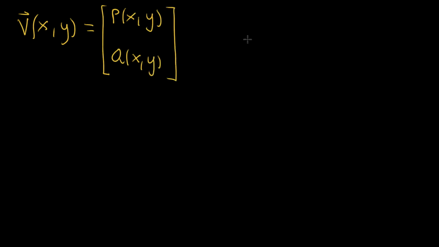And what I want to do here is talk about this idea of curl, and you might write it down as just curl of v, the vector field, which takes in the same inputs that the vector field does. And because this is the two-dimensional example, I might write, just to distinguish it from three-dimensional curl, which is something we'll get to later on, 2D curl of v.